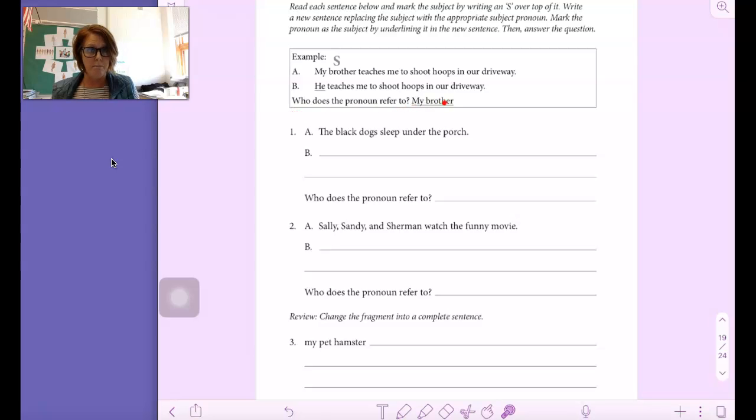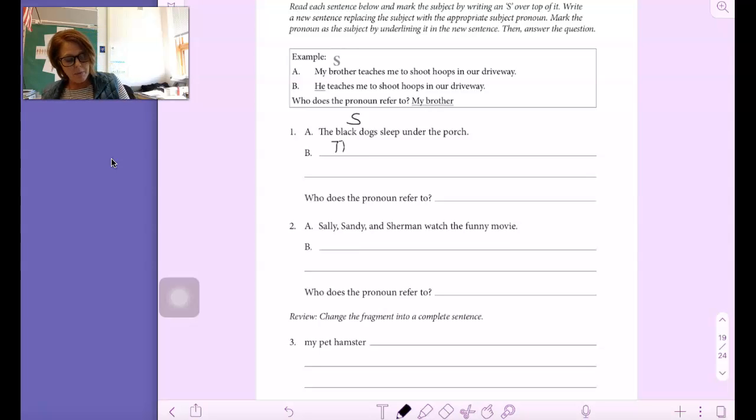My brother. Number 1A, the black dogs sleep under the porch. Well, the subject is the black dogs. Dogs is plural, so we use you, we, or they.